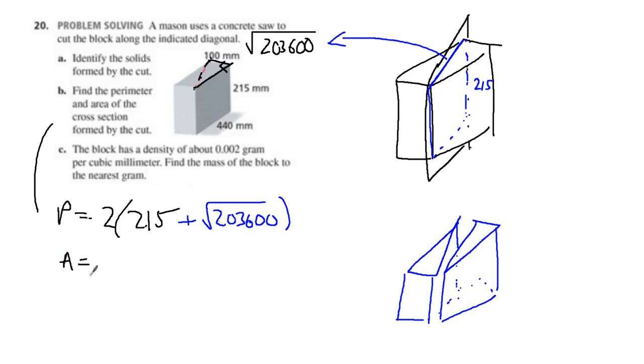Is it a rectangle? Well, if you take this line right here and drop it down, that's a diagonal, that's perpendicular, and these are perpendicular as well, so it is a rectangle. That's the great thing about this: it's a rectangle. So we can just multiply the two together, which gets you the square root of 203,600 times 215.